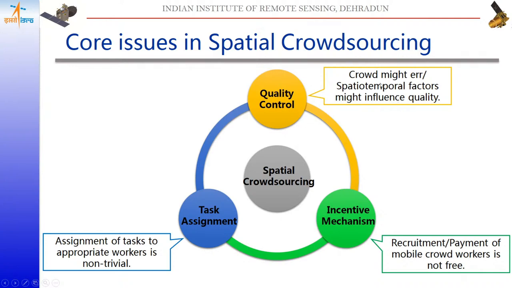Let us say one piece of information is provided through the crowd, and that data has wrong time stamping. These kinds of quality control issues can occur while using the data set for decision making. Similarly, for the incentive mechanism, recruitment or payment of mobile crowd workers is not free.